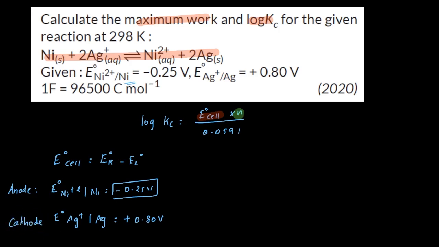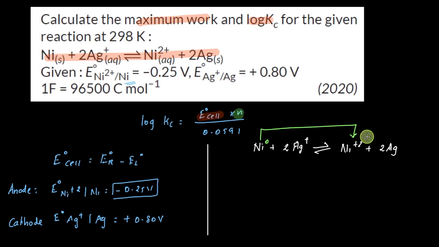Or, to find out which one is acting as the anode and cathode, we can do that from the cell reaction. Let me write the cell reaction. Ni plus 2Ag+ is in equilibrium with Ni2+ plus 2Ag. Here just observe the charges. Nickel converted to nickel 2+.